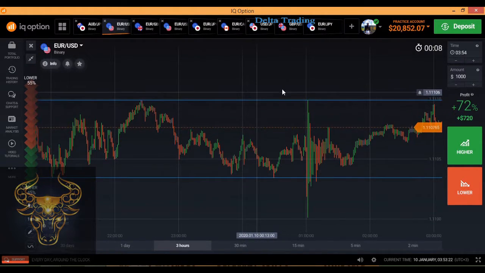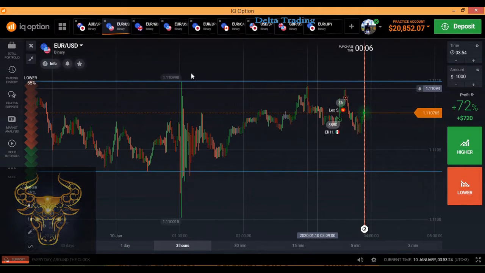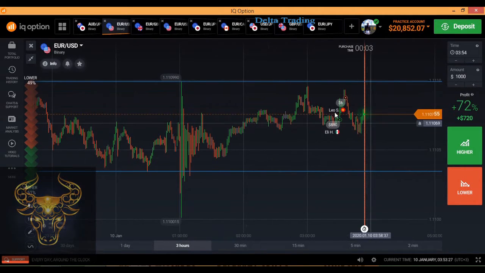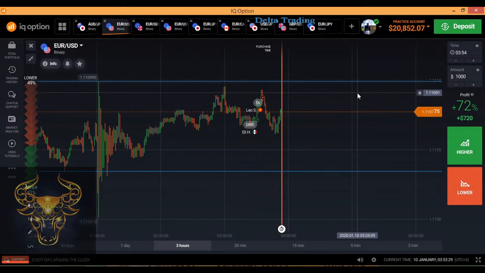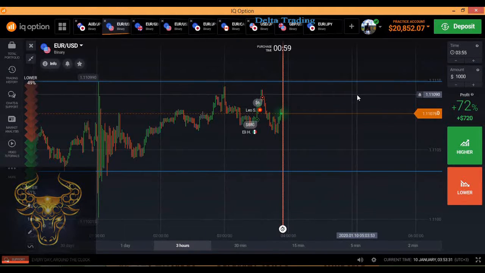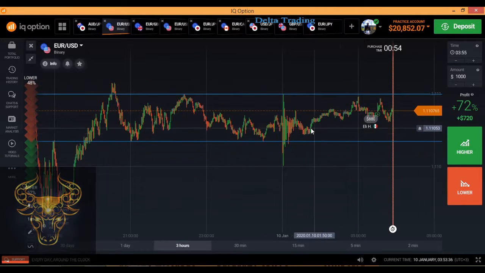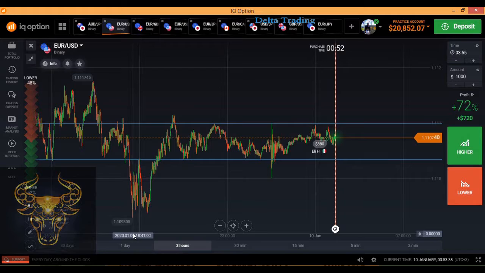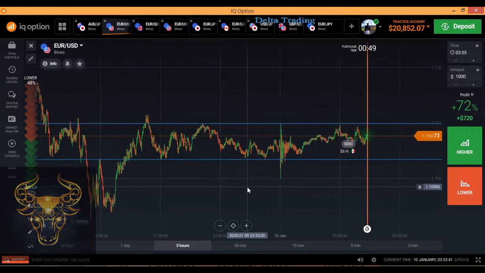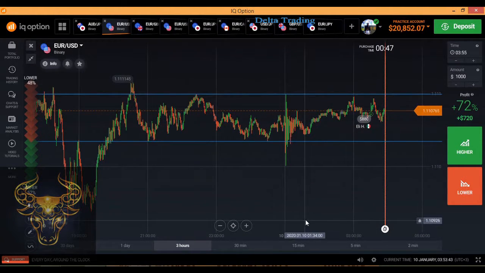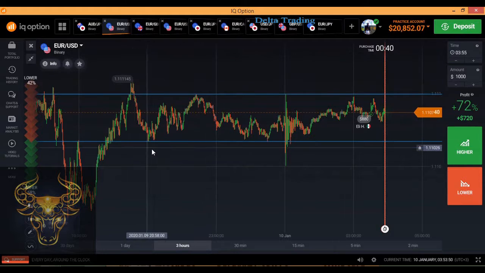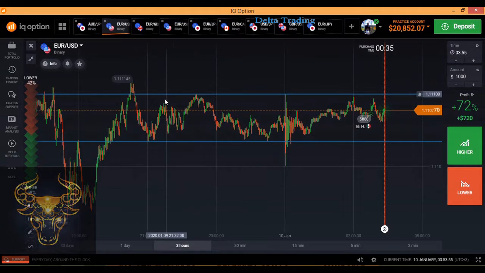In a ranging market, you don't expect anything, because after the ranging market there will surely be a new trend, either a downtrend or an uptrend. But if you remember the rule, you identify the market condition, you plot the support and resistance, but how would you know if the market is healthy, or if the candlestick is showing volume?